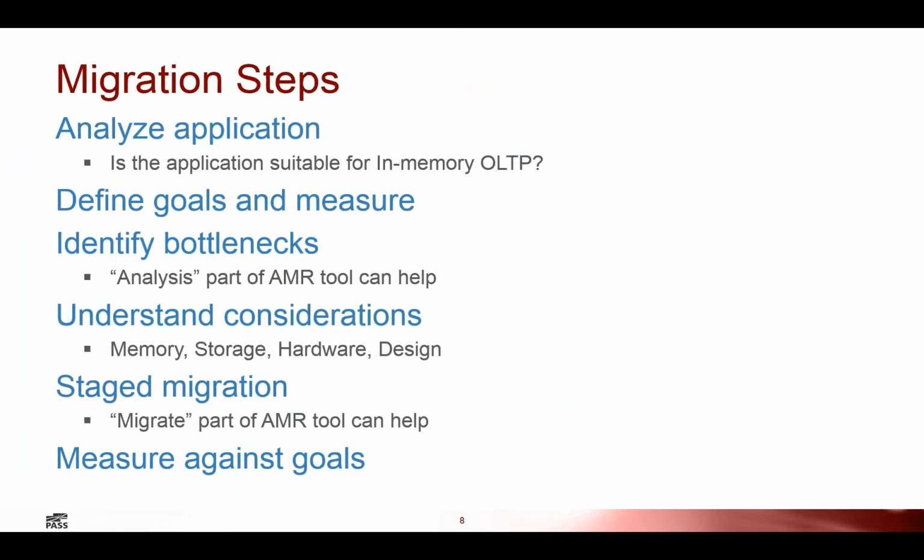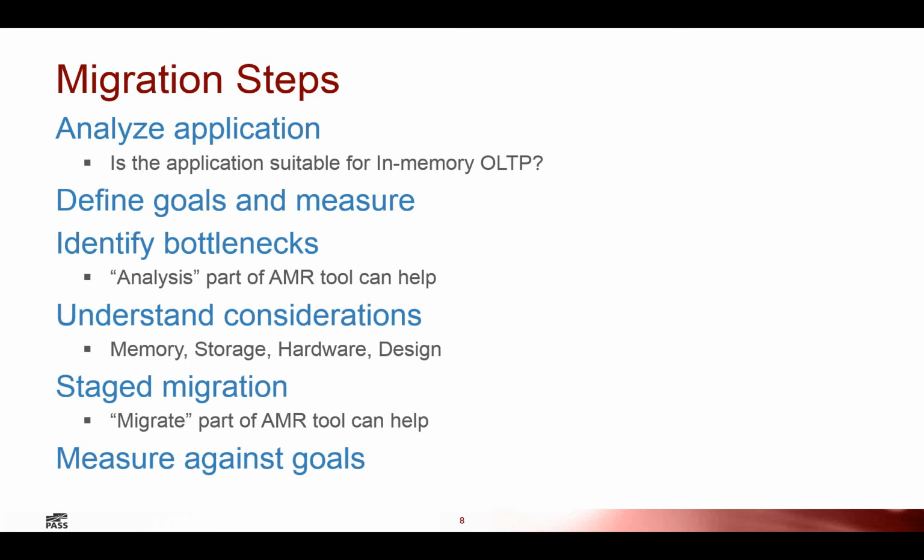First, you want to analyze the application to see whether it is actually a suitable scenario for in-memory OLTP. We have some examples coming up on that. Now, if the application is suitable, meaning in-memory OLTP can actually provide certain performance benefits, we then want to define the goals, the performance improvements that we want to achieve, and the measures by which we want to evaluate our work.